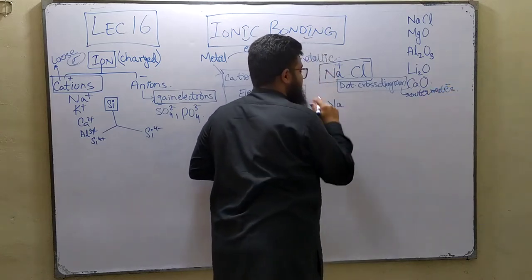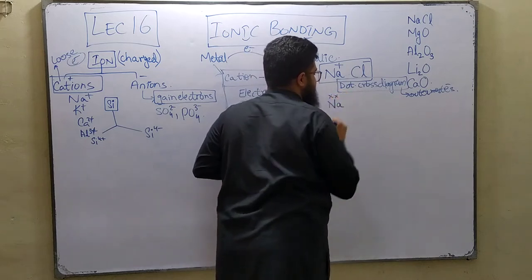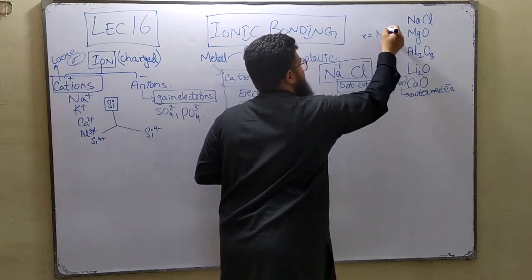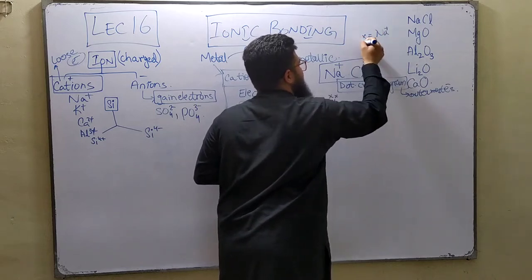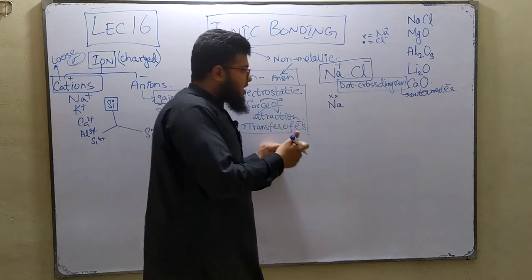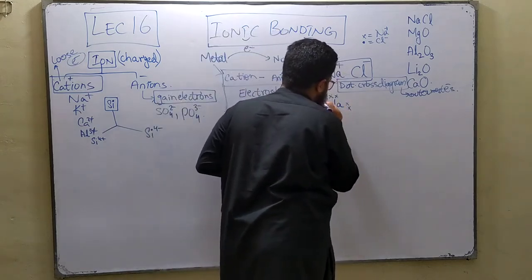Now the outermost electrons in case of sodium are going to be crosses. I'm going to represent the electrons of sodium by a cross and the electrons of chloride by a dot. Sodium will have 8 electrons remaining in its outer shell after losing 1 electron. So these are the 8 electrons around sodium.